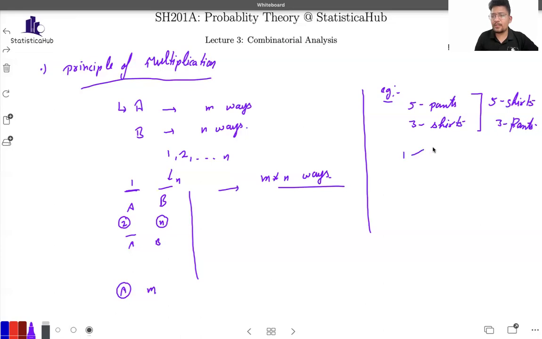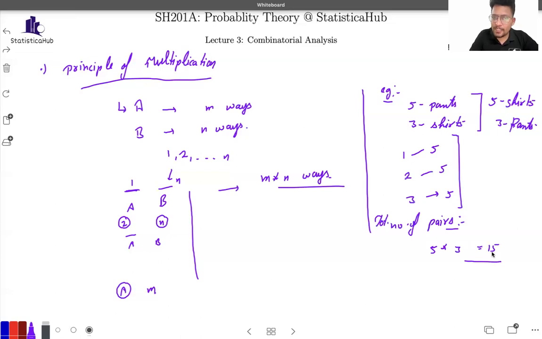With the first pant, you can have 5 shirts. With the second pant, you can have 5. With the third, you can have 5. So the total number of pairs that we get will be 5 into 3, that is 15. Very simple, the principle of multiplication, and we covered the principle of addition.